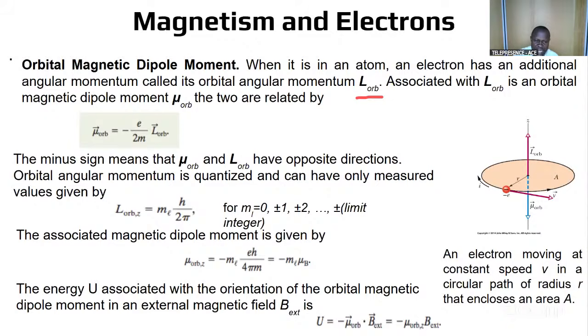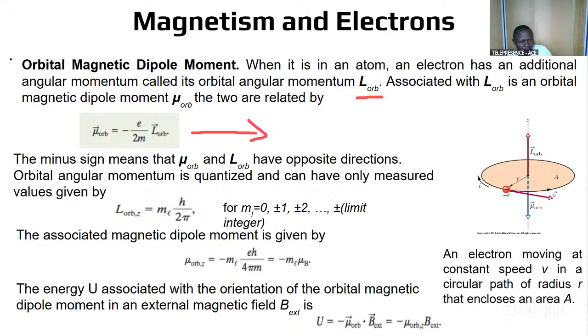They are related by this equation. The minus sign means that the orbital angular momentum and the magnetic dipole moment are in opposite directions.